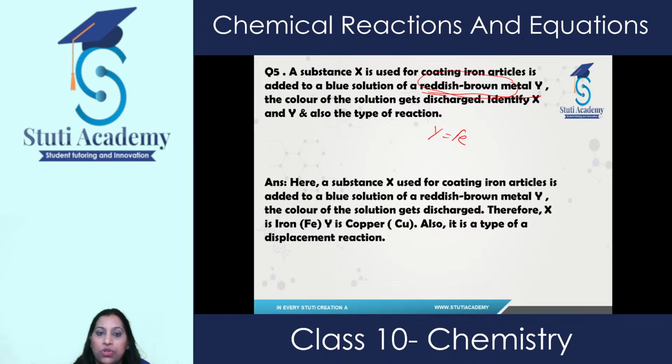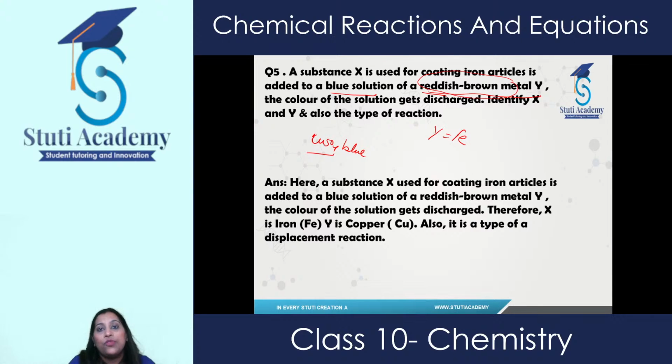And blue solution, the color of the solution, it means copper sulfate. The color of copper sulfate is blue, CuSO4. So when iron is immersed in copper sulfate salt solution, the color of that copper sulfate, which was blue earlier, gets discharged, it becomes colorless.